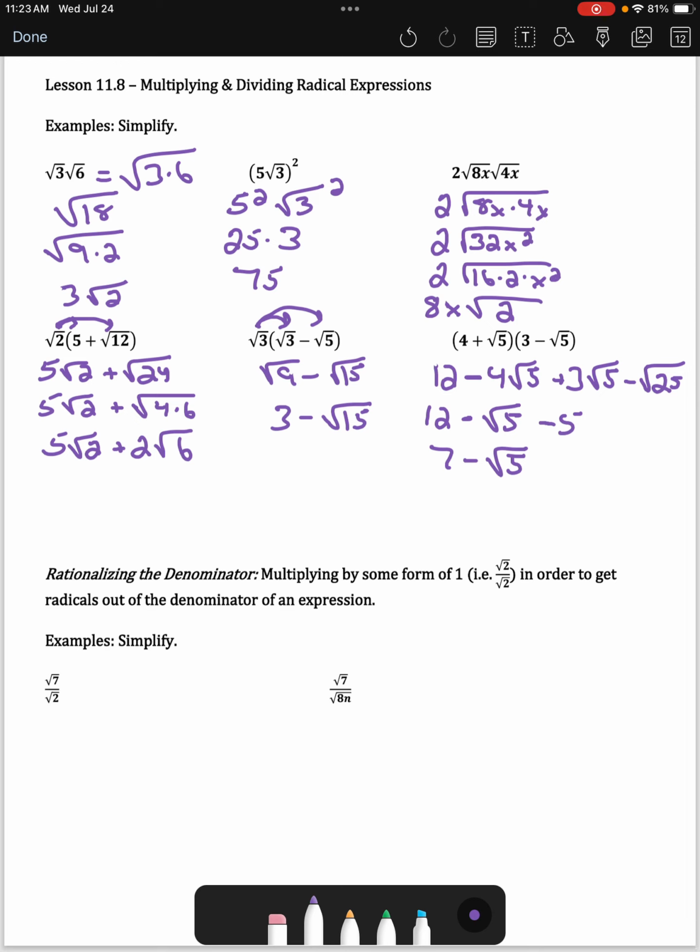Division is actually its own special thing called rationalizing the denominator. Remember, one of the rules for radicals was no square roots in the denominator of a fraction. And if there is one, so far we've been lucky.